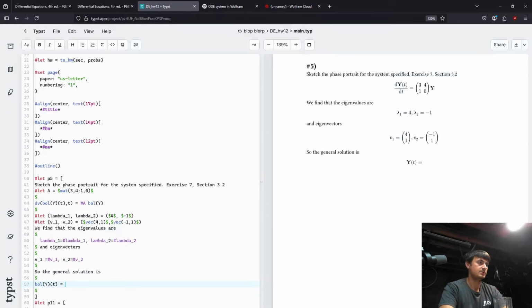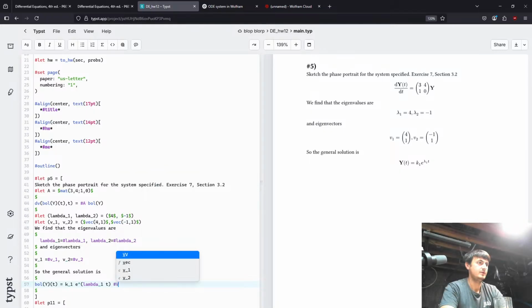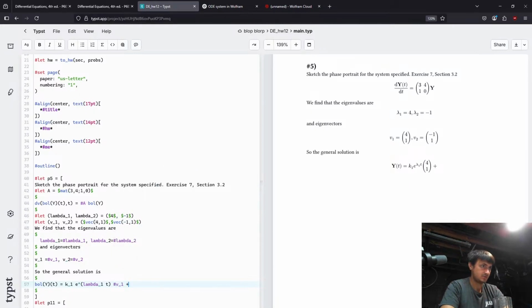Oh my gosh, what's happening? k1 e to the lambda 1 t v1 plus... okay.